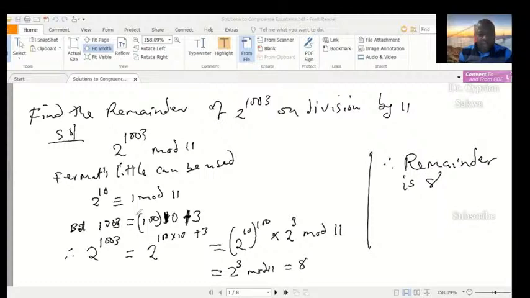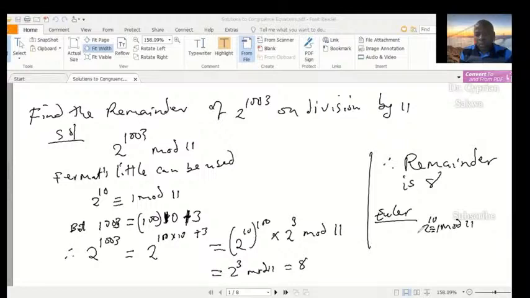Now, what about Euler? Let's see how Euler would work out. Euler's theorem would say that 2 raised to φ(11), but φ(11) is just 10, is congruent to 1 mod 11.